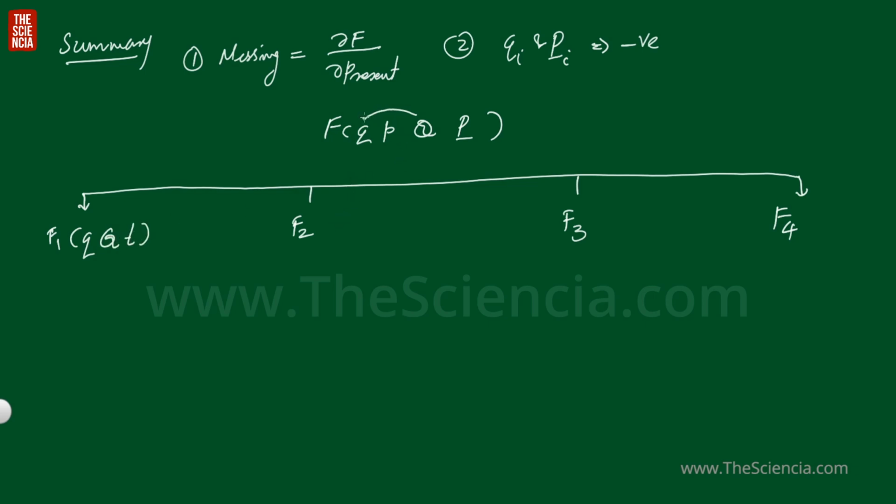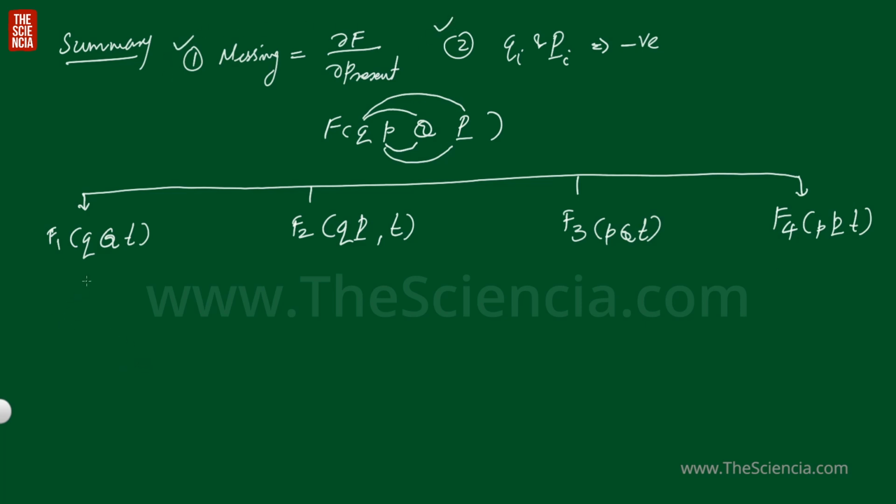F2 is a combination of q and P, that is q, P, t. And F3 is a function of small p and Q. And F4 is the function of small p and capital P and t. So by using these two conditions, we can construct all the equations.